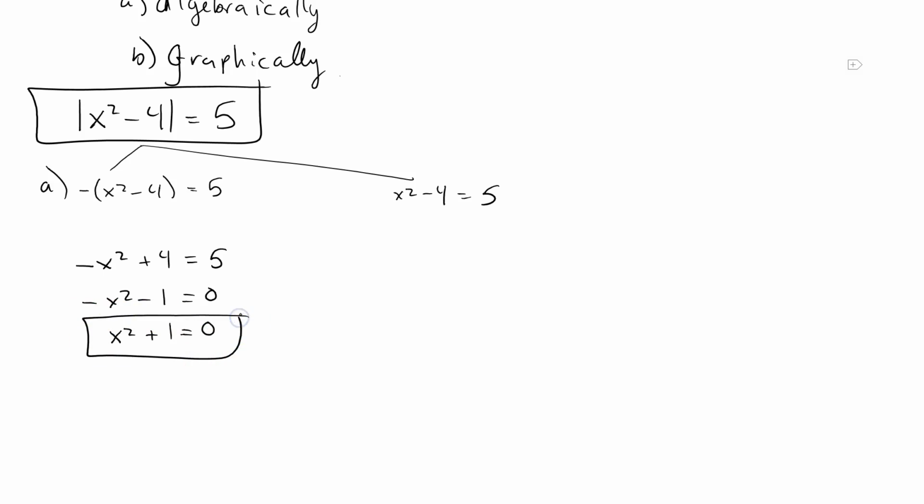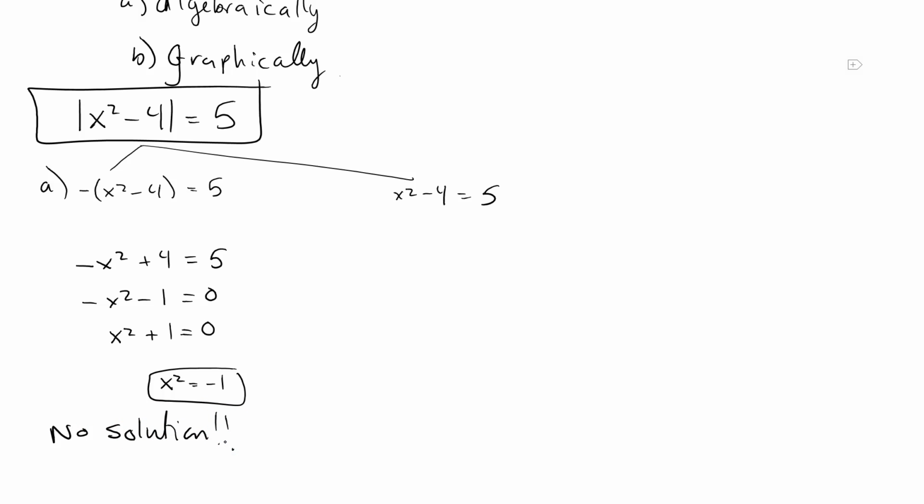Now let's try to solve this. If this were a difference of squares, if this was a subtraction, we'd be able to solve it. But it's x squared equals negative 1. Let's think about it. No value of x squared can produce the value of negative 1. So no solution.